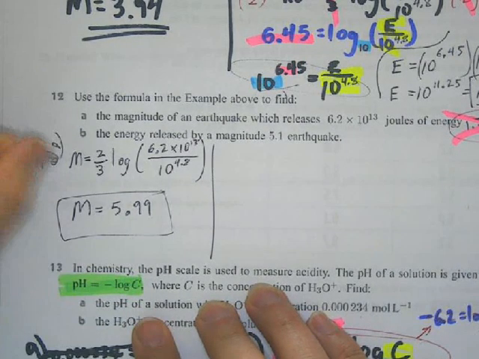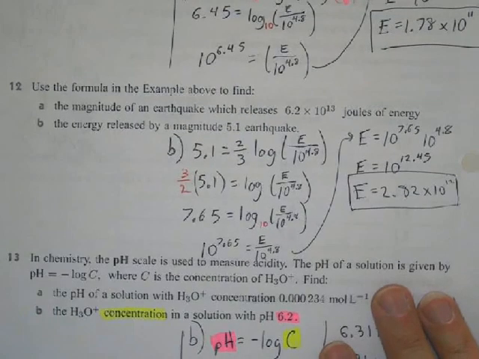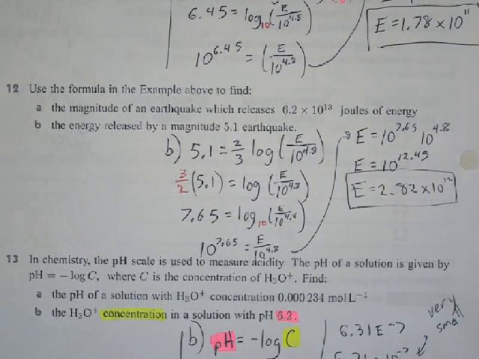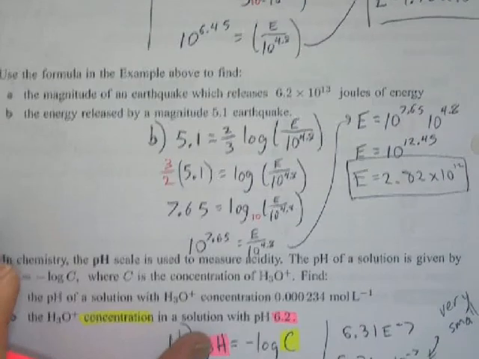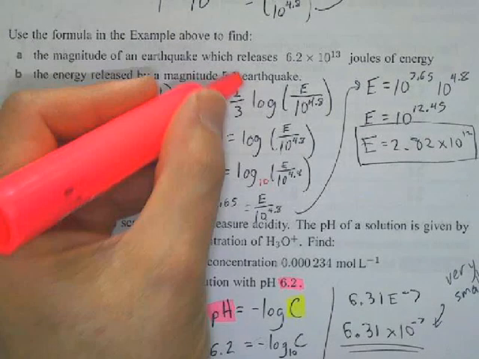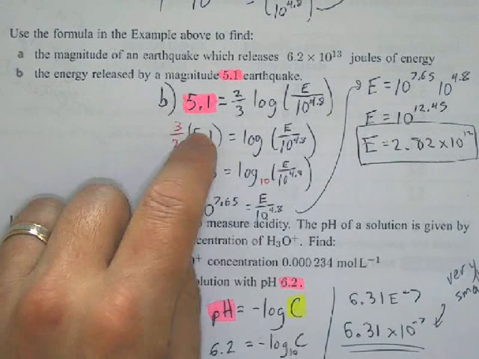So question B, I've got this all solved out on a different page. So I'm just going to put it up here. Okay, so they told you the magnitude of the earthquake is 5.1, so I'm replacing m with 5.1.